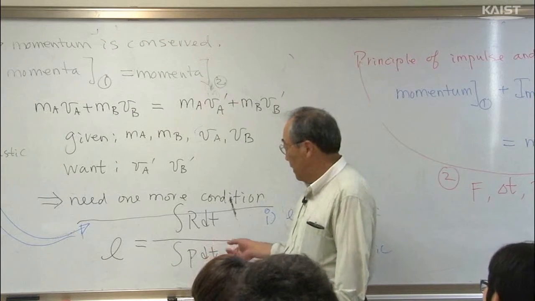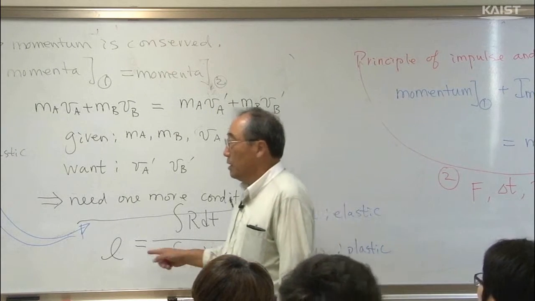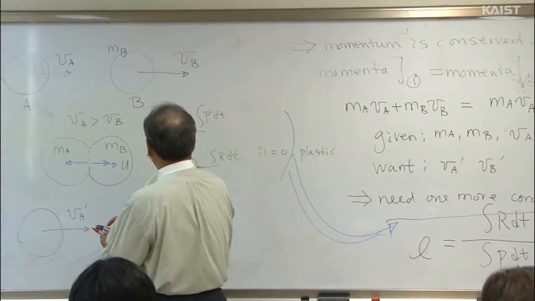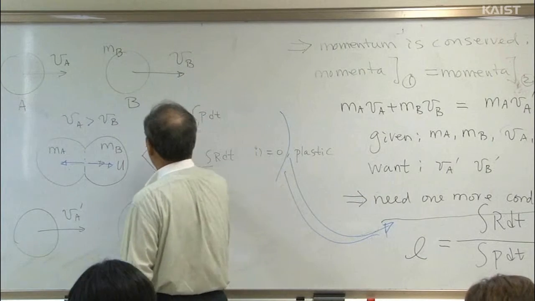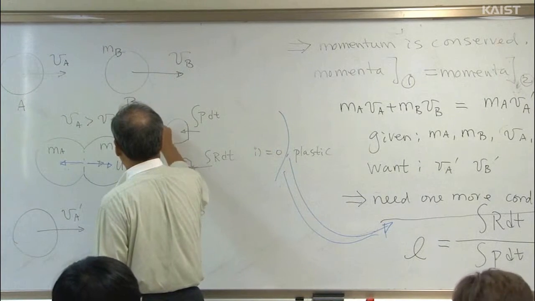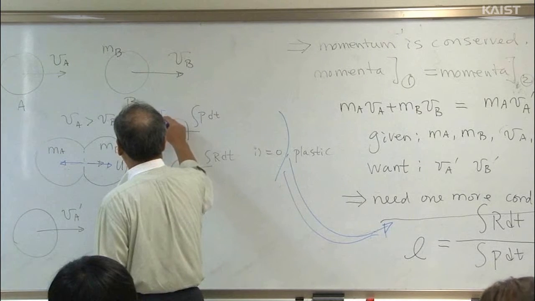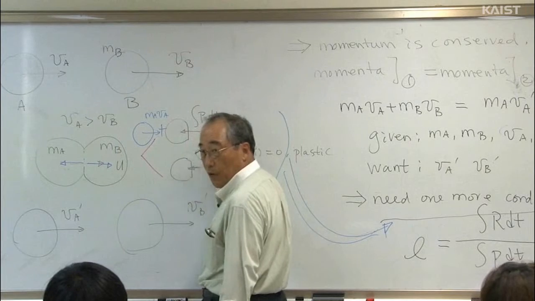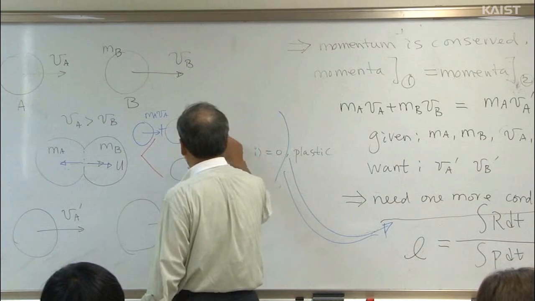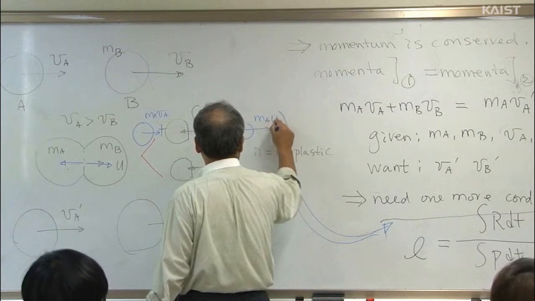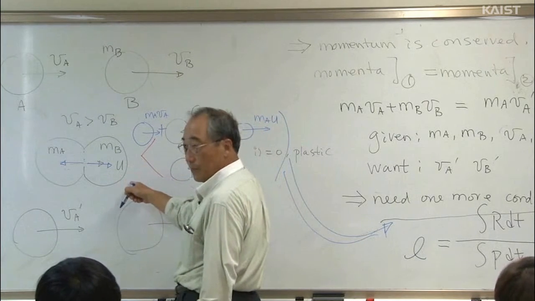To find out what R and P are, we have to look carefully. What happened is there is mA vA in the beginning, and there is the force applied to the mass A, and this will induce mA u, right?